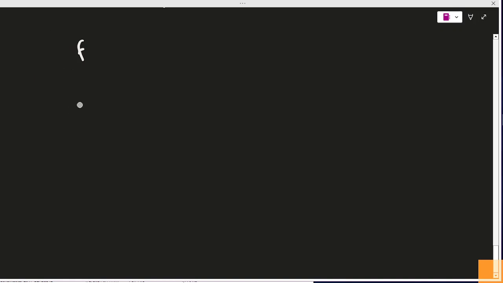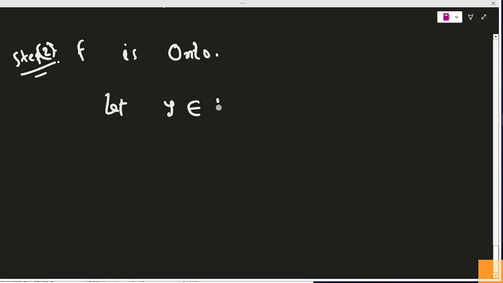Step 2, f is onto. We have to show that f is onto. To show f is onto, what we will do, let y be any element belongs to R. y belongs to R. It's an arbitrary element. Okay.